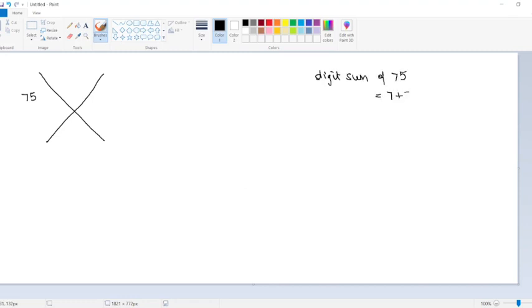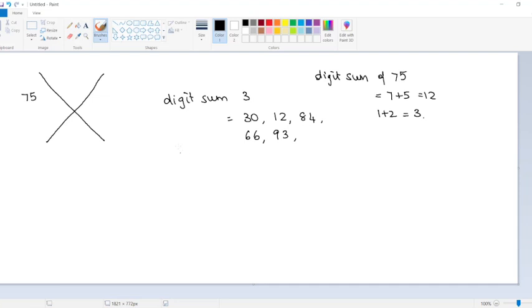Now try to find some numbers from 1 to 100 whose digit sum is 3. 30, 12, 84, nice, super, 66, 93.